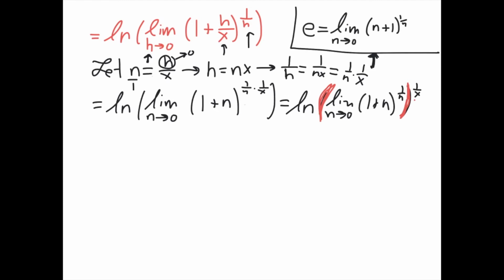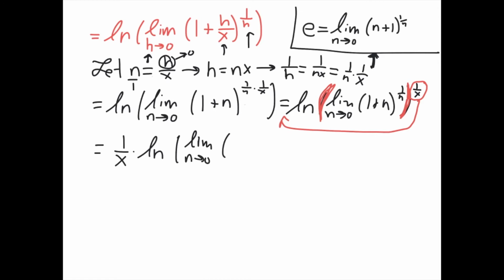So now this 1 over x can have the power rule for logarithms applied to it. We can move that out to the front as a multiple. So now here's what we're going to have. This all equals 1 over x times ln of the limit as n approaches 0 of 1 plus n, I'm just writing that the opposite way, to the 1 over n.